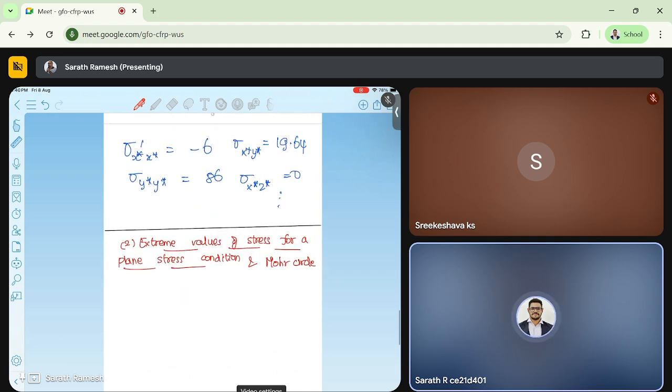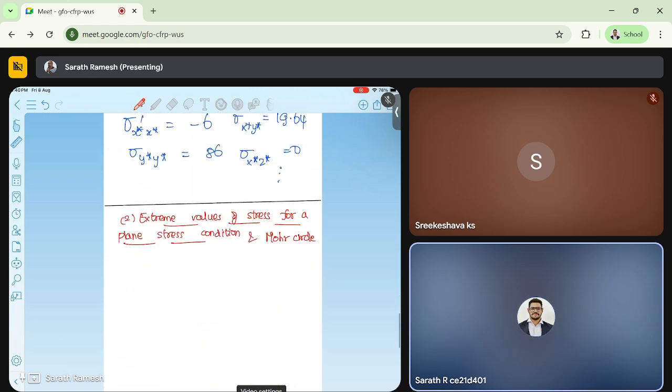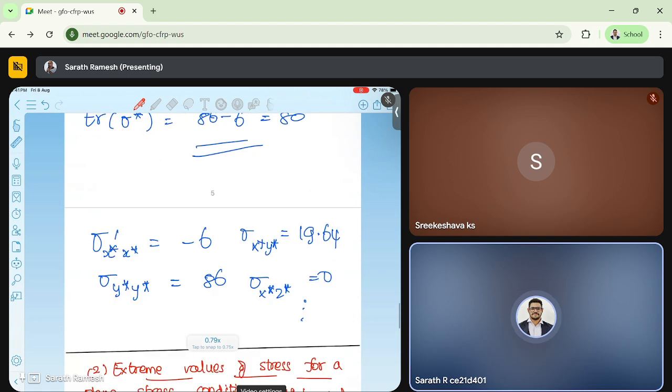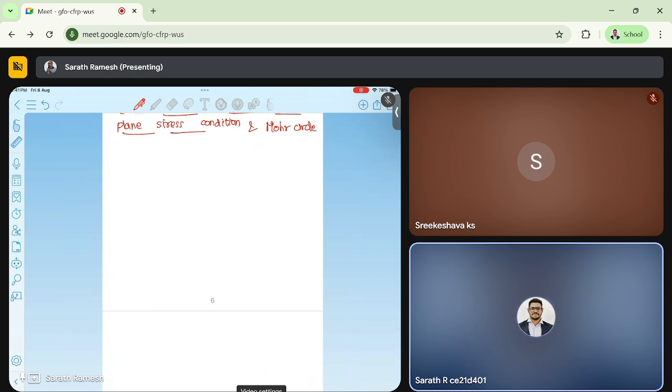Now, actually, if we transform the stresses from ex, ey, ez to ex star, ey star, ez star, we would have got an expression for sigma x star, sigma y star, sigma x star y star.